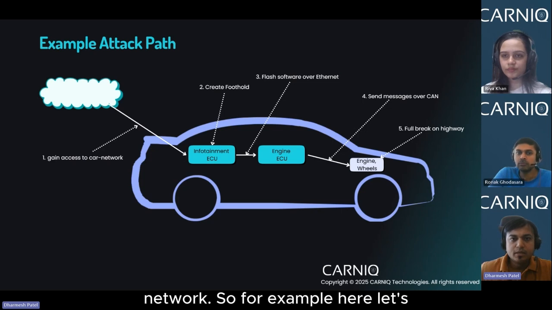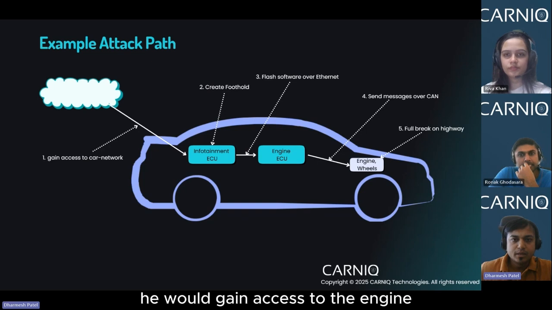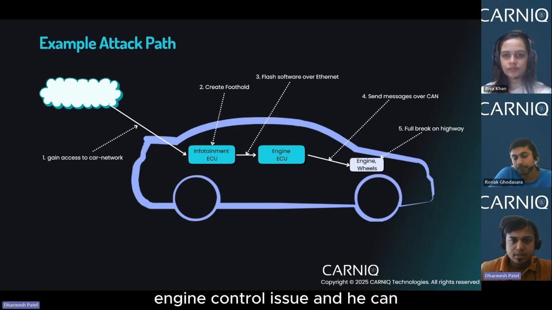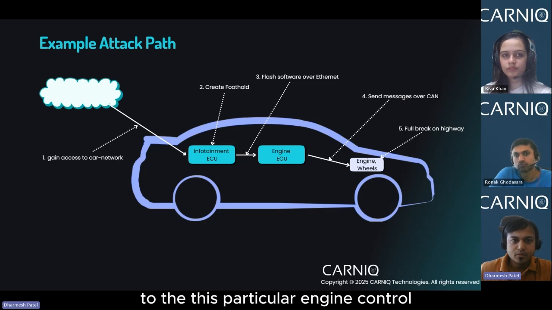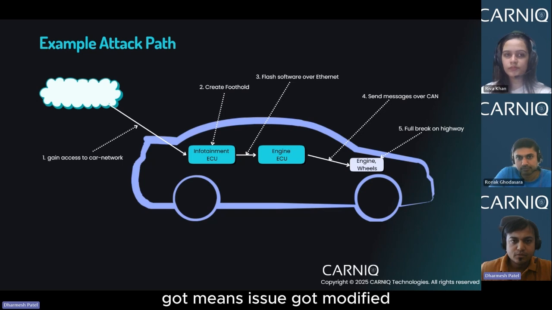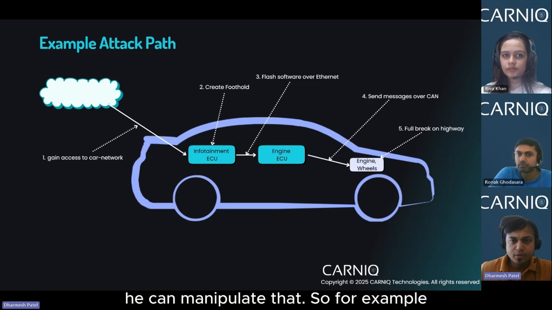So for example, let's say as an attacker, he would gain access to the engine control unit, and he could flash malicious or tampered firmware to this particular engine control unit. Once this ECU got modified, he can manipulate the messages he wants to send.